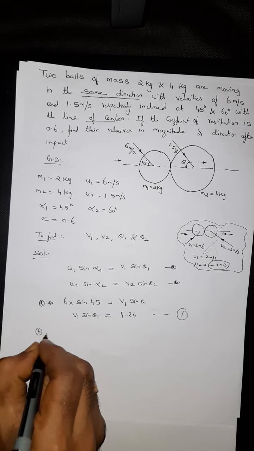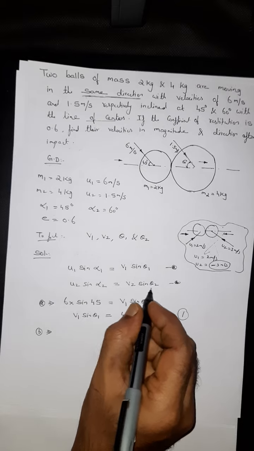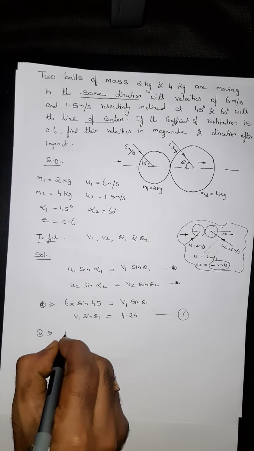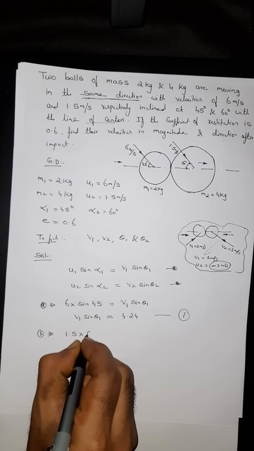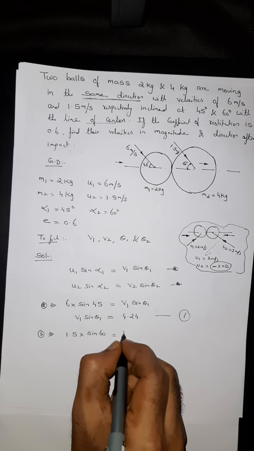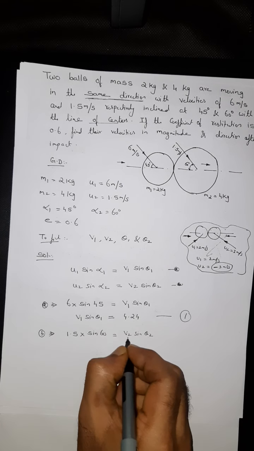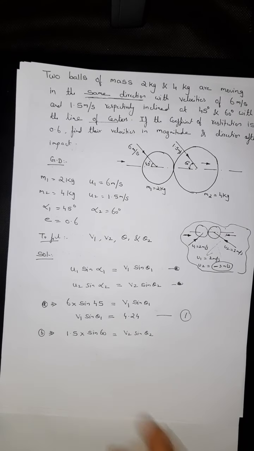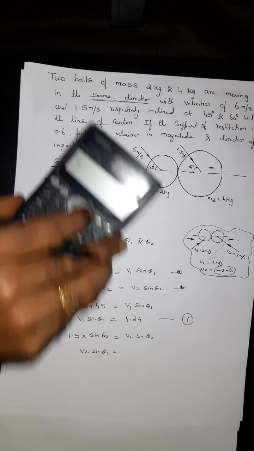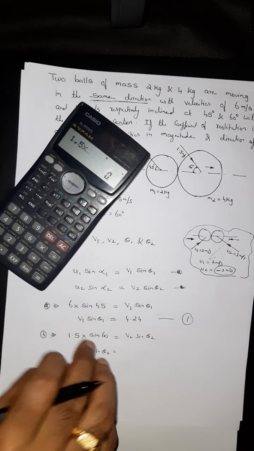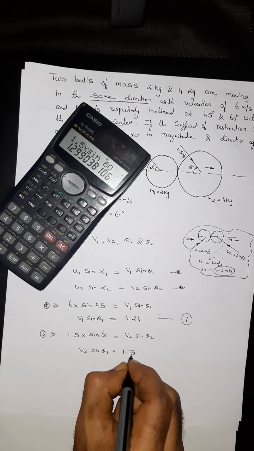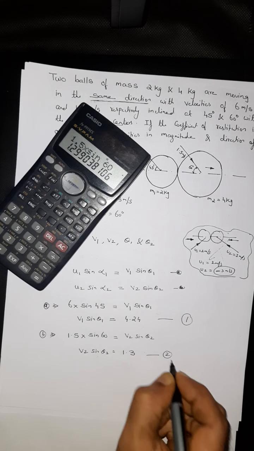Let me apply the values to formula B: u2 is 1.5 into sine alpha 2, 60 degree, equal to V2 sine theta 2, where V2 and theta 2 are unknown. So V2 sine theta 2 can be written as 1.5 into sine 60, which is 1.3, equation number 2.